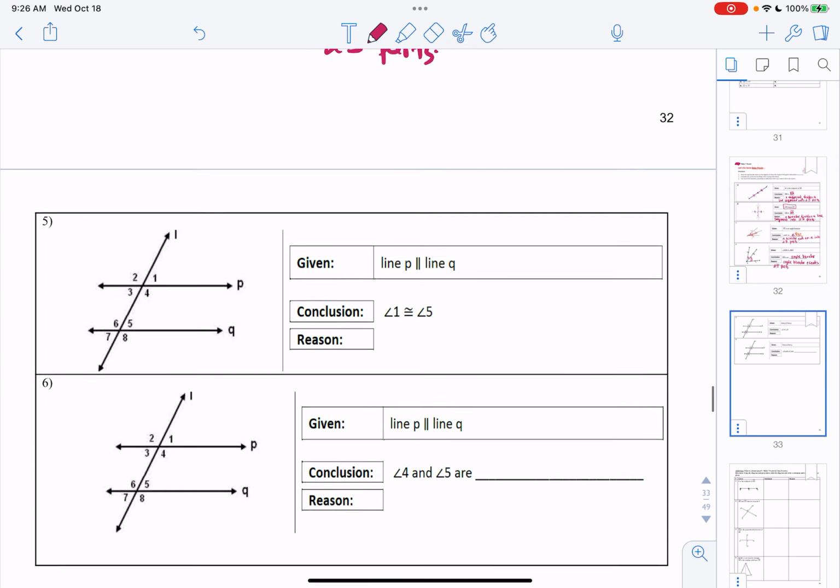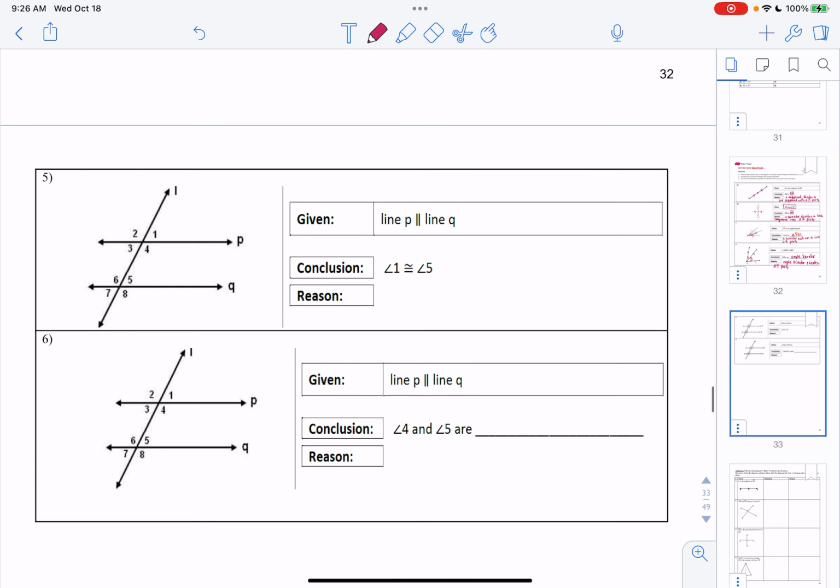All right, let's take a look at number 5. Number 5 says line P is parallel to line Q. So line P is parallel to line Q. With that information, a conclusion we can reach is angle 1 is congruent to angle 5.